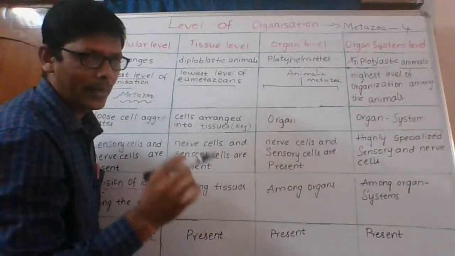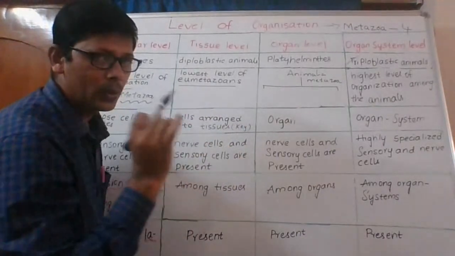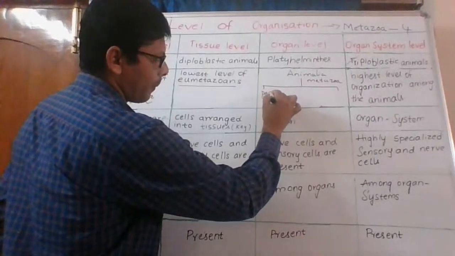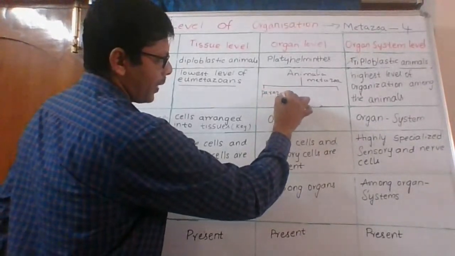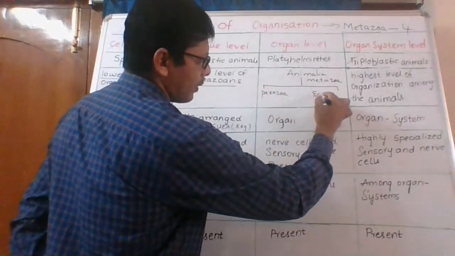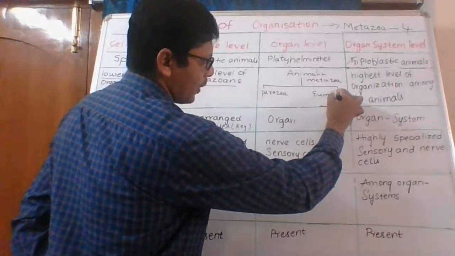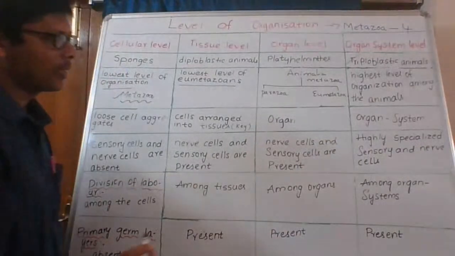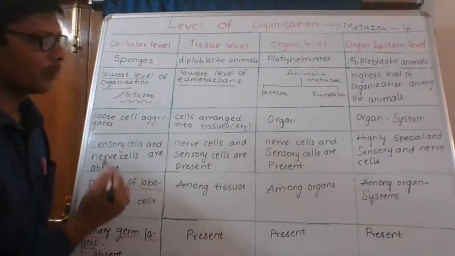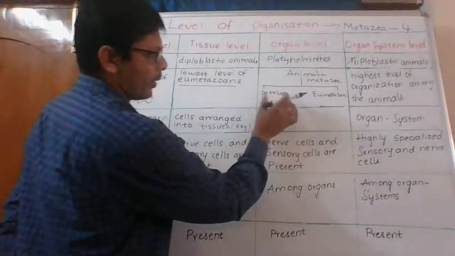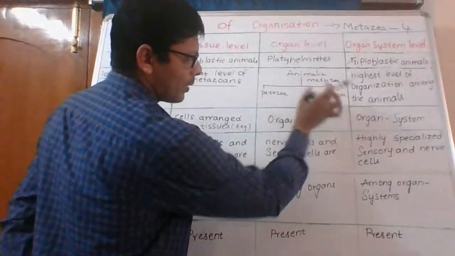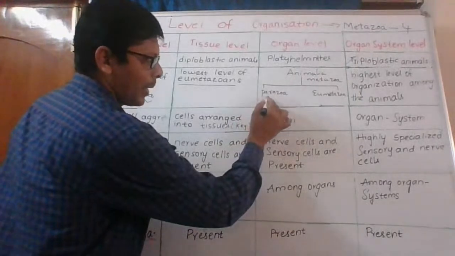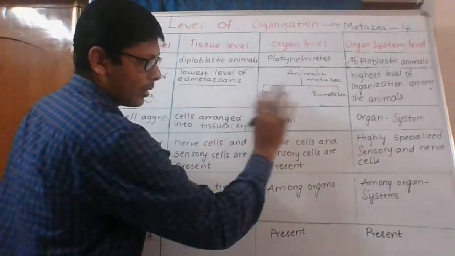Animalia kingdom or metazoa is divided into two subkingdoms. One is called parazoa, and the other is called eumetazoa. What is the difference between parazoa and eumetazoa? Both are multicellular. In parazoans, tissues are not formed.